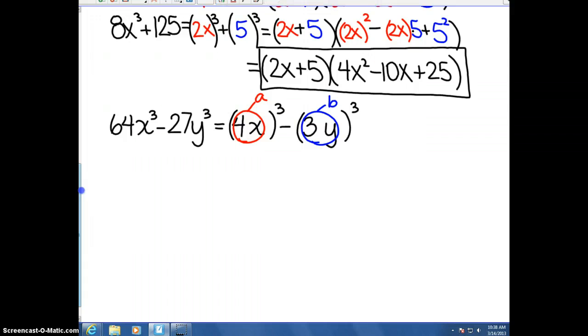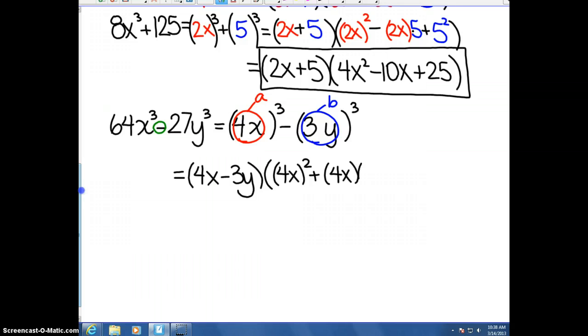Be sure that you use the formula this time that has the minus in between. And our a cubed minus b cubed formula says we start with a minus b. Then we move on to a squared plus a times b plus b squared.